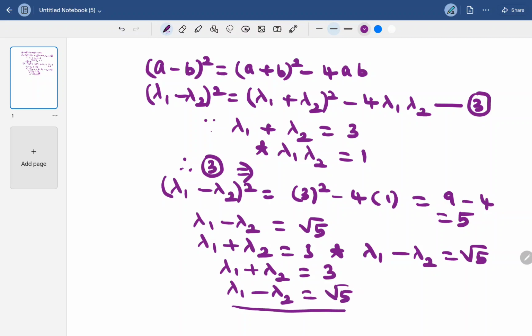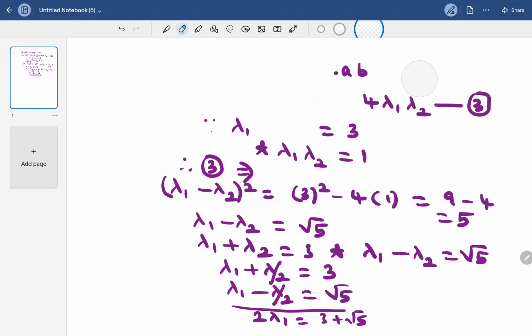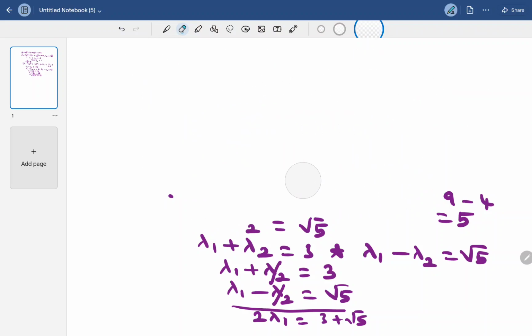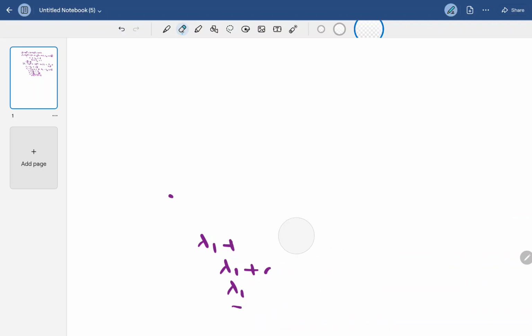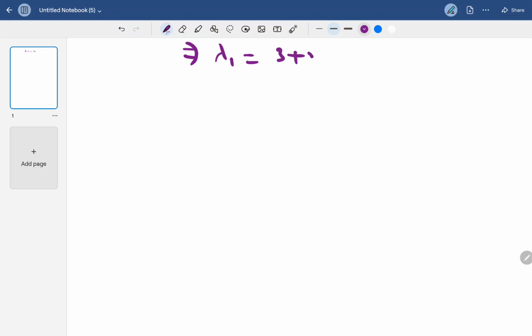By adding these two, lambda 2 and minus lambda 2 will get cancelled. 2 lambda 1 equal to 3 plus root 5, which implies lambda 1 equal to (3 plus root 5) by 2.